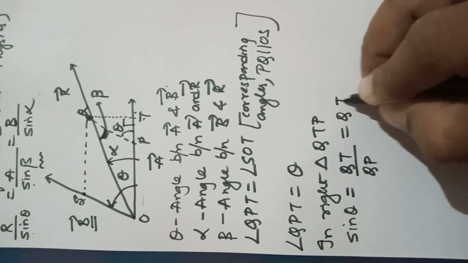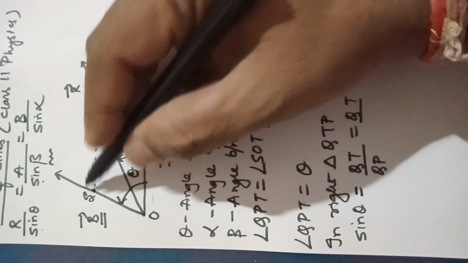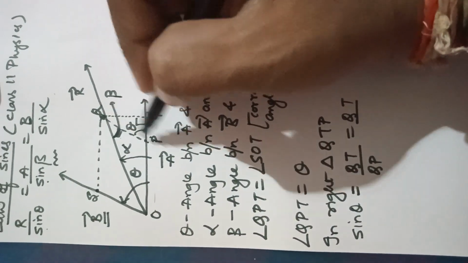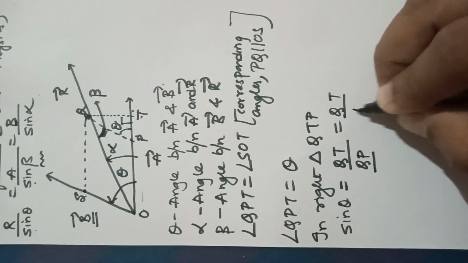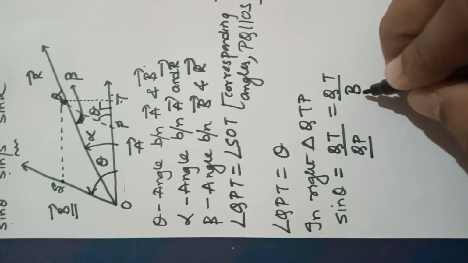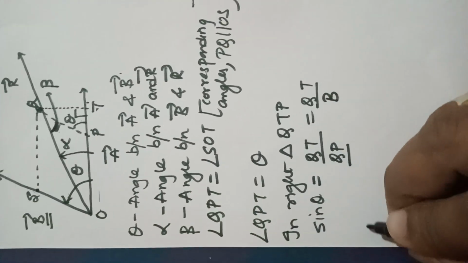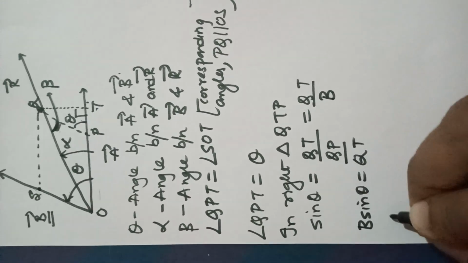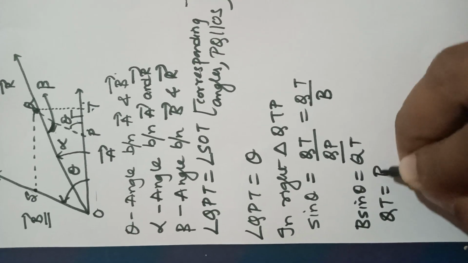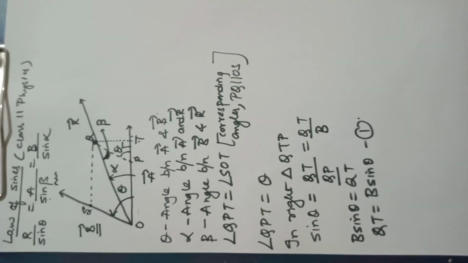As I told before, QP is representing the vector b, and the length of QP will give us the magnitude of vector b. So QP I will write as b, the magnitude of vector b. From this, if I cross multiply, b sine theta will be equal to QT, or QT will be equal to b sine theta. Let's call this equation 1.